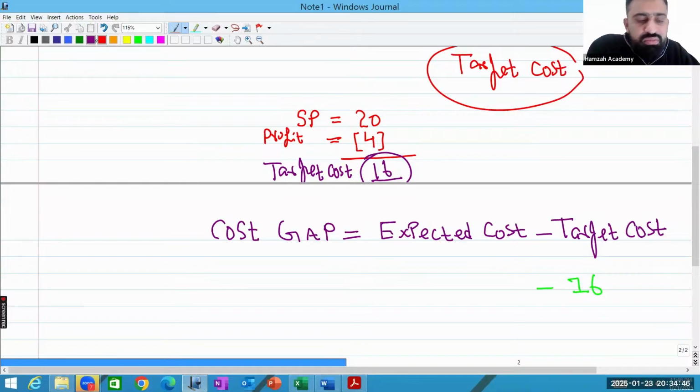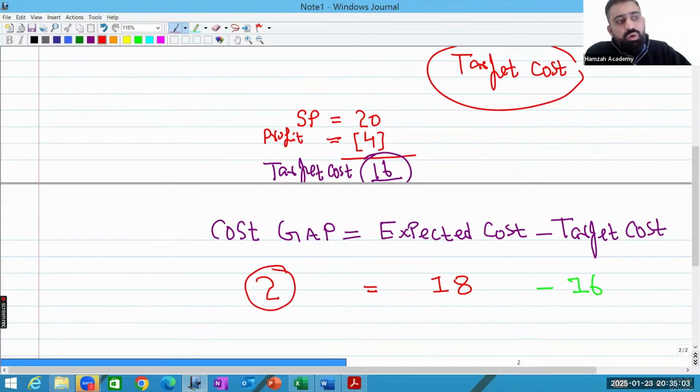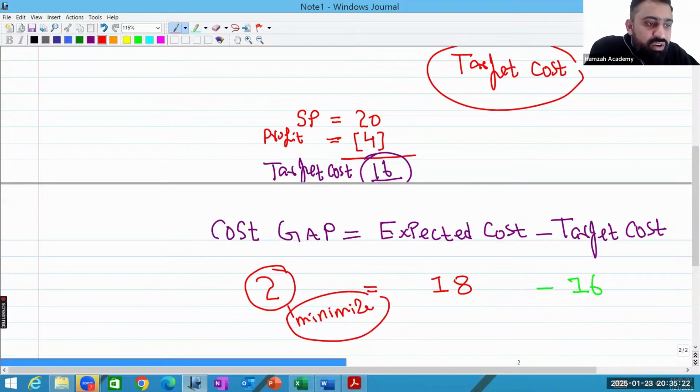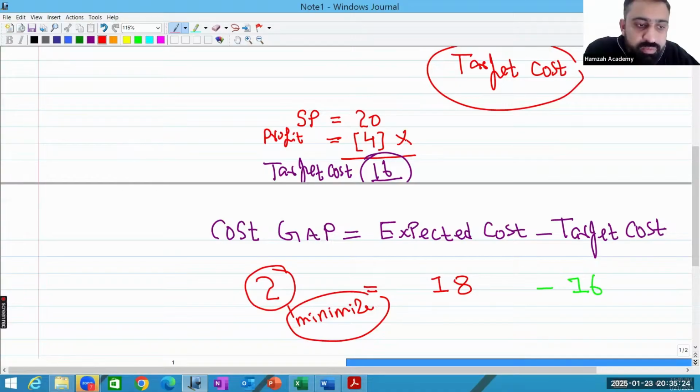But when you calculated the expected cost, at the moment it is 18. That means you have a cost gap of $2. Now, what is the meaning of cost gap? It means if you do not minimize your cost gap, then you cannot earn your required profit.